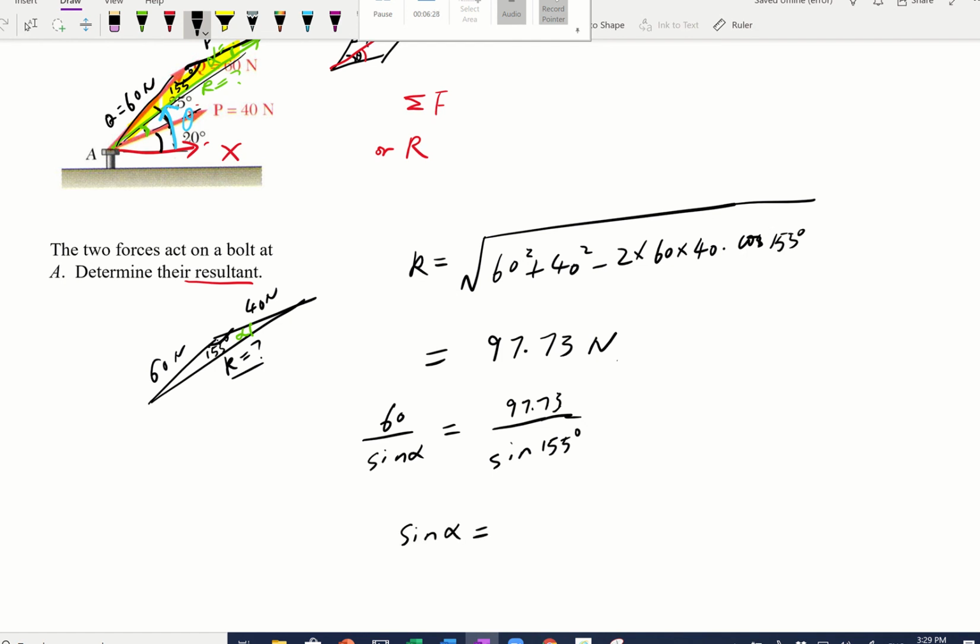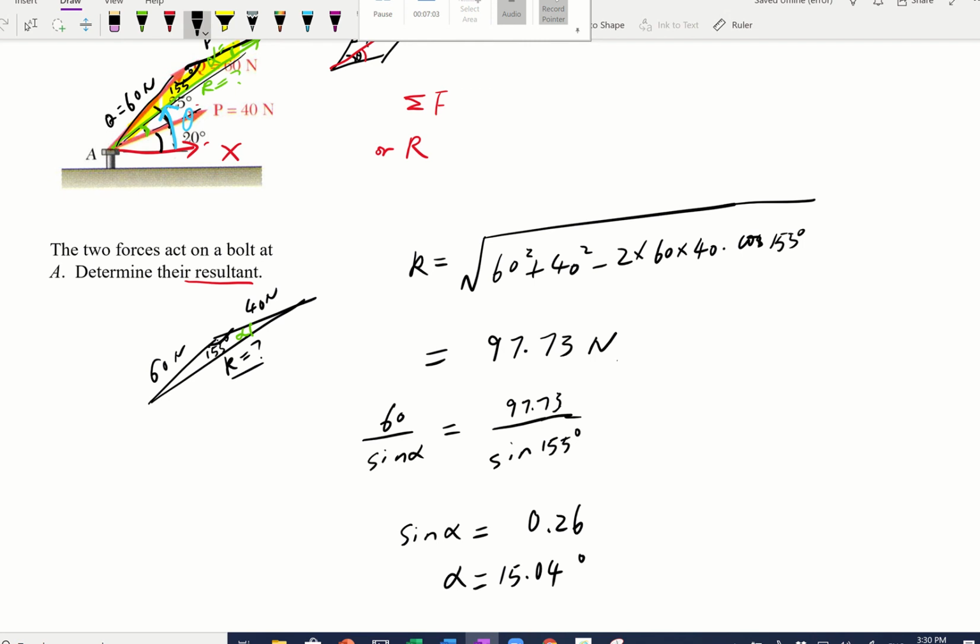Knowing that, we can find sine alpha by cross multiplying. Let's use our calculator: 60 times sine 155, then divide by 97.73, and my sine alpha is 0.26, rounding. Then we do inverse sine, and the angle I calculated is 15.04 degrees.